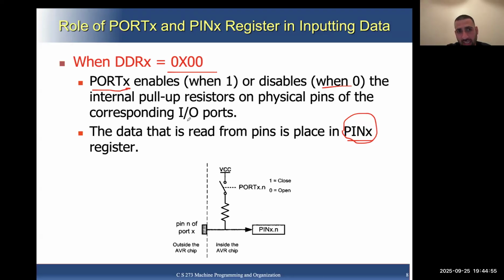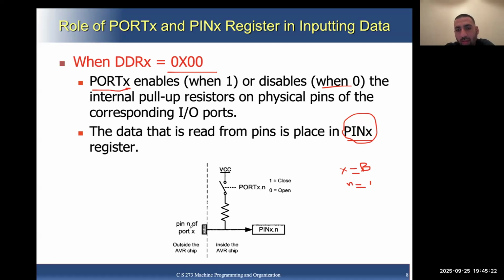So let's say that you have configured, here for X I'm using B, and let's say I'm setting n equal to 1. So basically I'm saying that I have configured pin 1 of port B as an input pin, so I have set 0 for that.